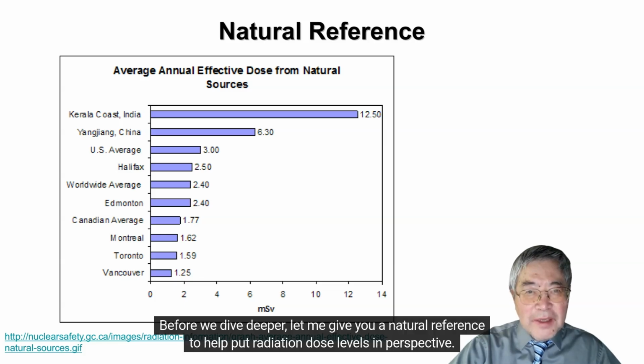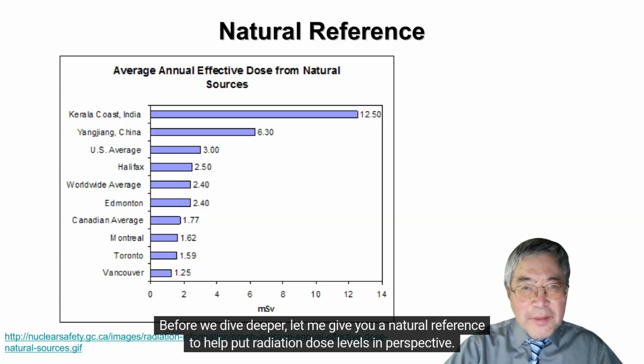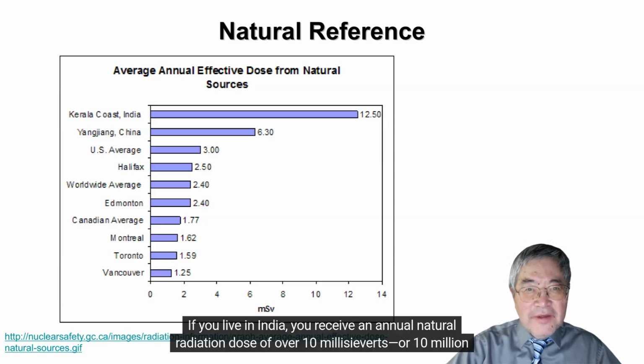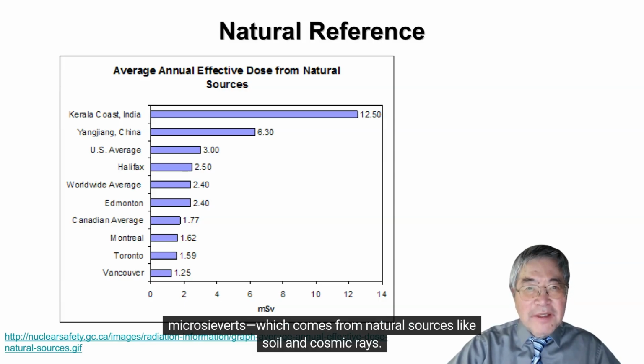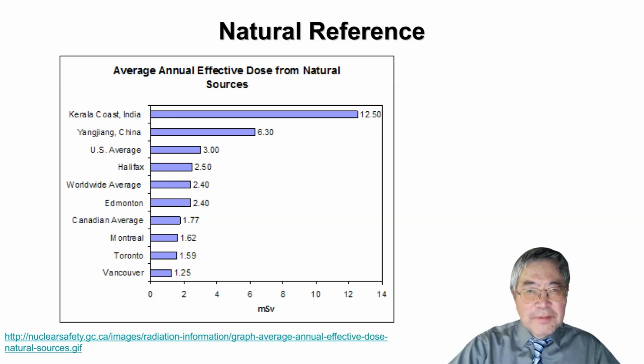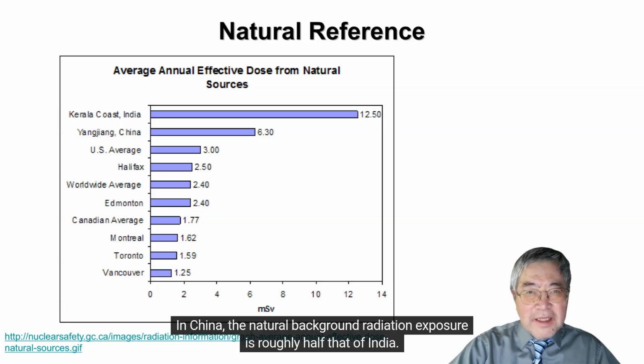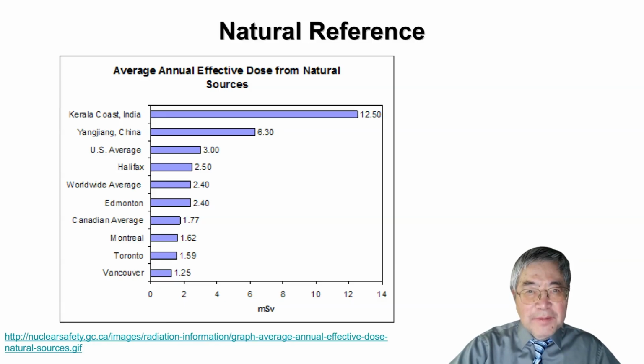Before we dive deeper, let me give you a natural reference to help put radiation dose levels in perspective. If you live in India, you receive an annual natural radiation dose of over 10 millisieverts, or 10 million microsieverts, which comes from natural sources like soil and cosmic rays. In China, the natural background radiation exposure is roughly half that of India.